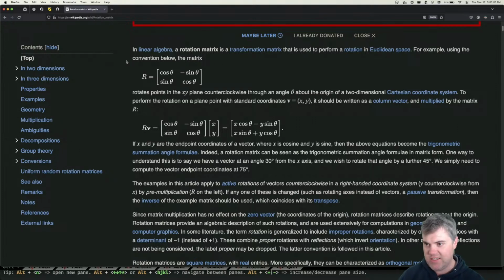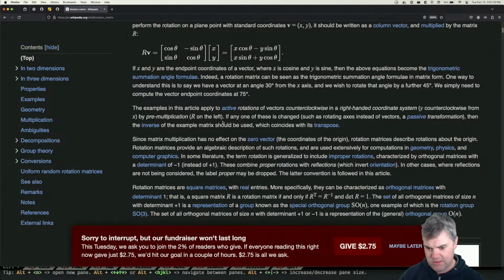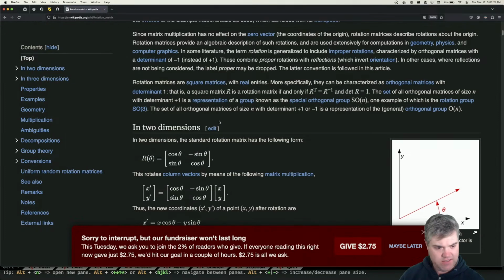Okay, for example, using the convention below, the matrix. Okay, so it's a 4. What is it, like an even matrix or whatever? An equal matrix or weighted balanced matrix? Oh, it's a 2 by 2. Yeah, 2 by 2. Well, so what is this?